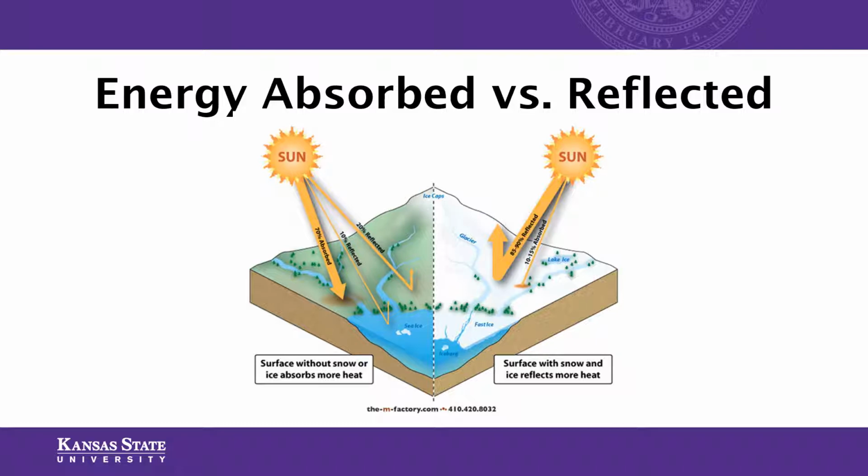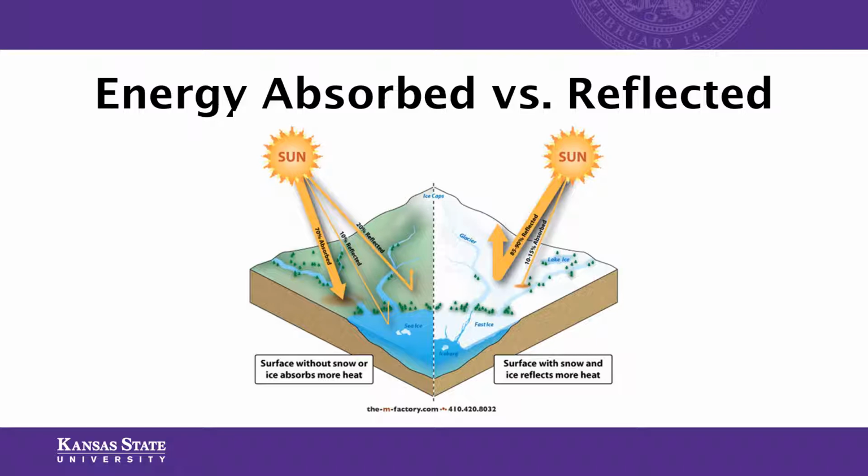So snow and ice are going to have a higher albedo. They're going to reflect more heat and send a greater amount of the sun's energy back out into the atmosphere and space.